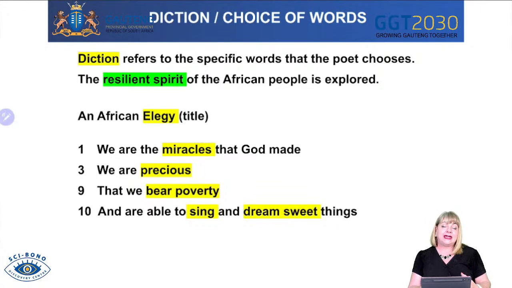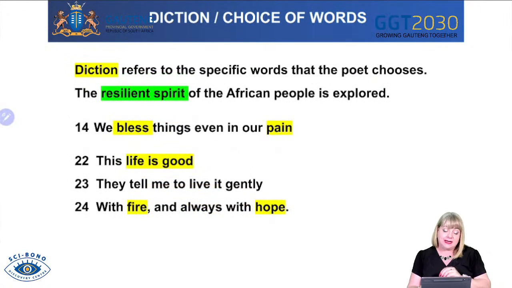Again, words that indicate that the spirit is strong. So they sing. They might be hungry. They might be poor. They might be bent under these poor conditions, but their spirits can sing and their minds can still dream and have a vision for the future. And again, that relates to the resilient spirit.